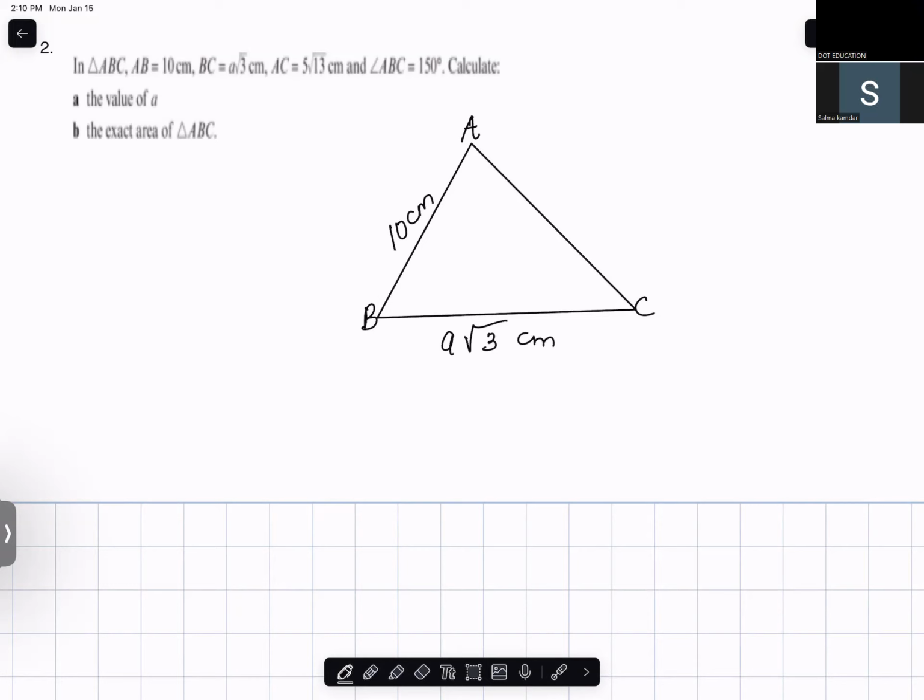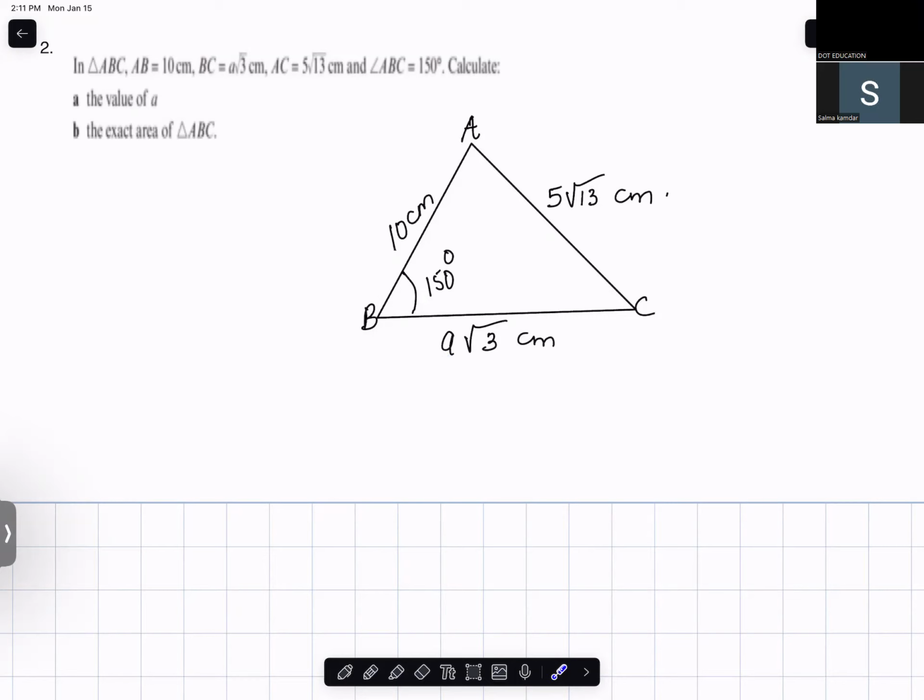Then we have angle ABC at 150 degrees. Then we have our AC as 5 root 13 cm. So the question is asking us to find the value of a here.